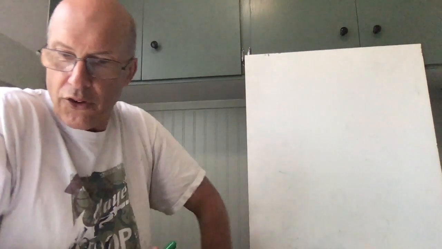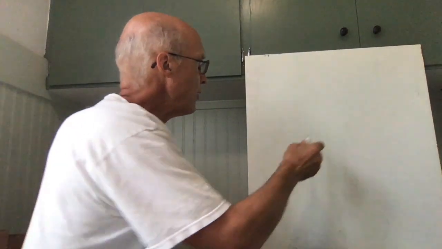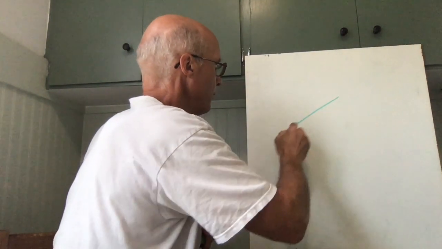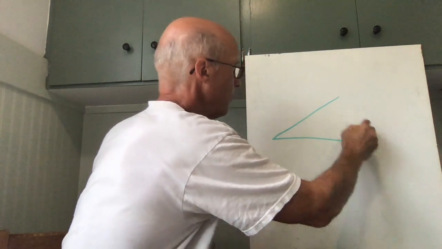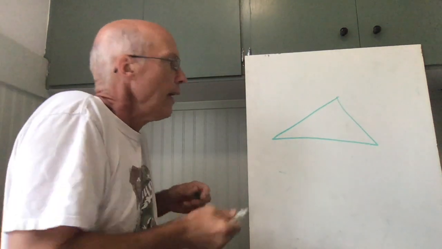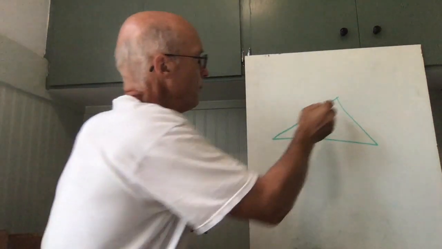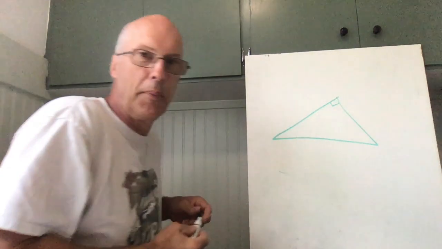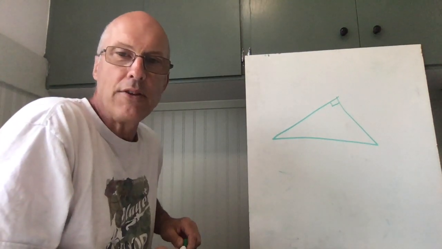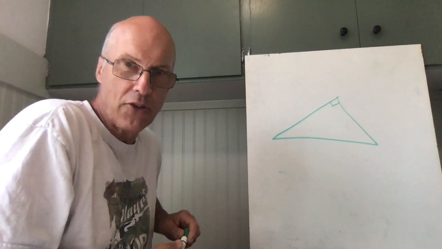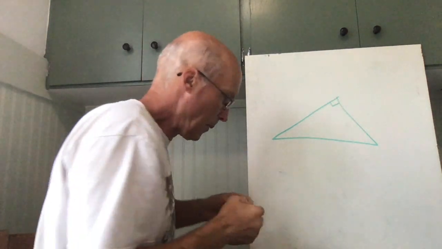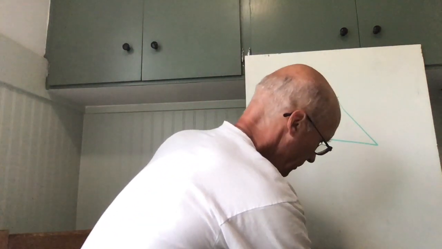All right, so the first thing they tell you is that if you have a right triangle, here's the 90-degree part, and you draw the altitude of that right triangle. Maybe I should do it in a different color pen.